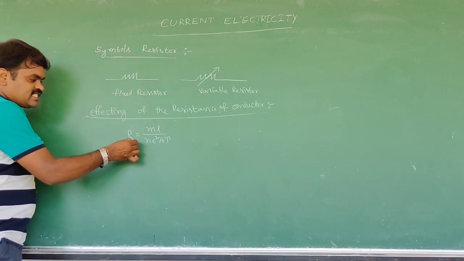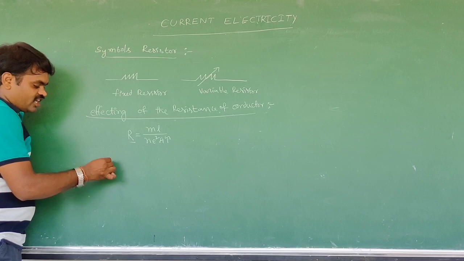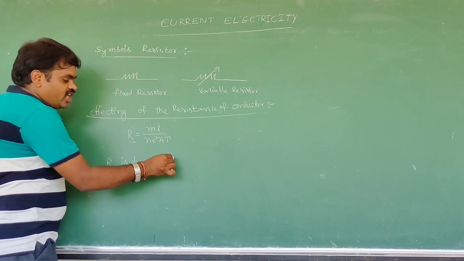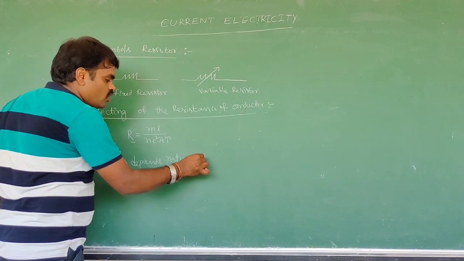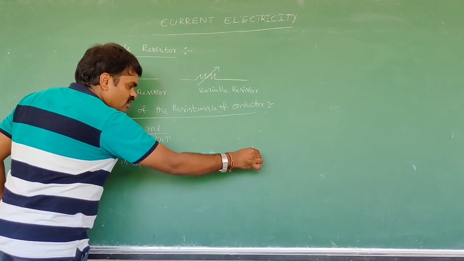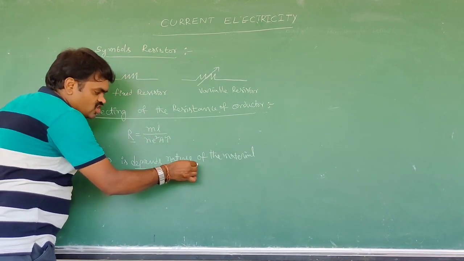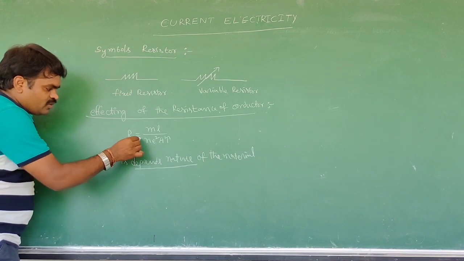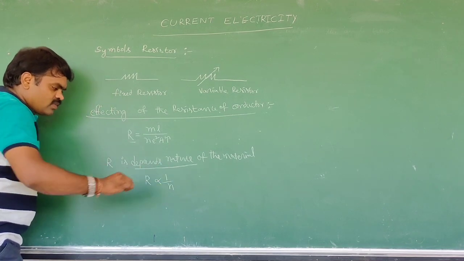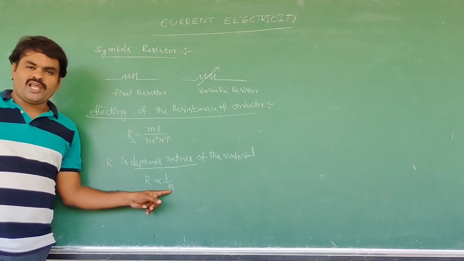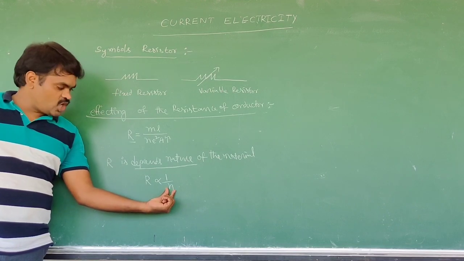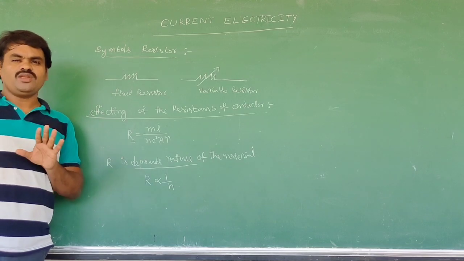The resistance of a conductor depends on the nature of the material. Nature of the material means resistance R is proportional to 1 by N. N is the number of electrons per unit volume, the number density of electrons, which depends on the nature of the material.